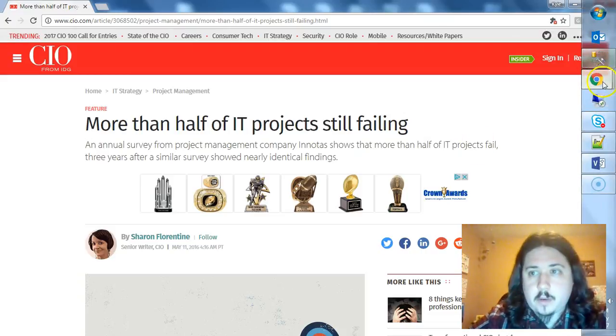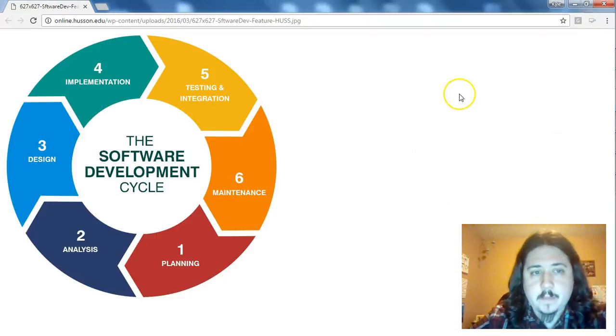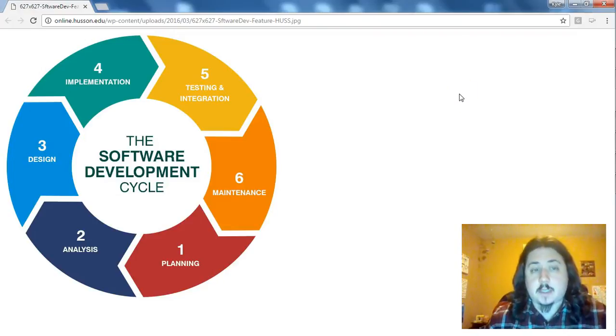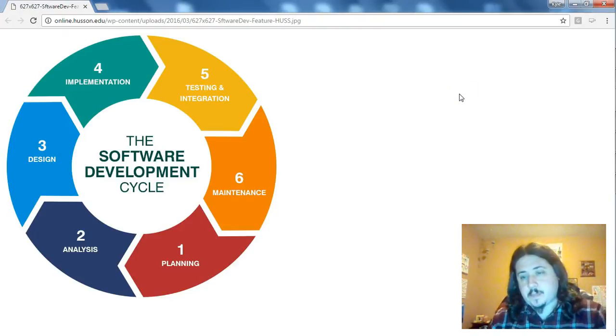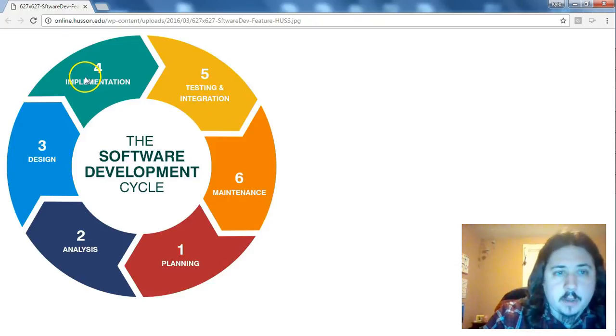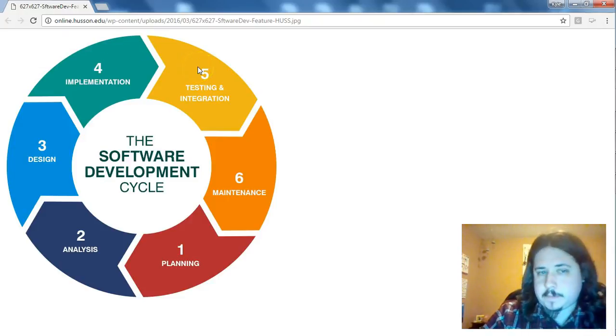So really what we're going to study in this class is the software development cycle. For the longest time, you've really focused on number 4 here in the top left, implementation and testing possibly. We haven't really dived into the rest of it, but planning, analysis, design, implementation, testing and integration, and maintenance are all part of that.